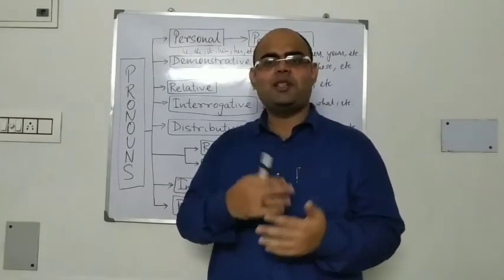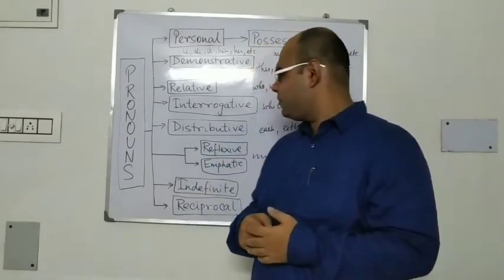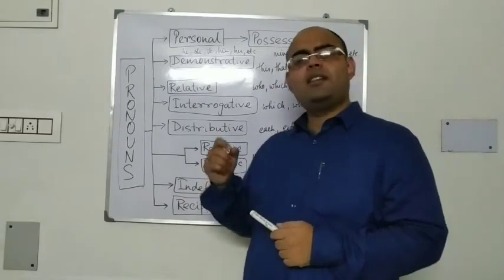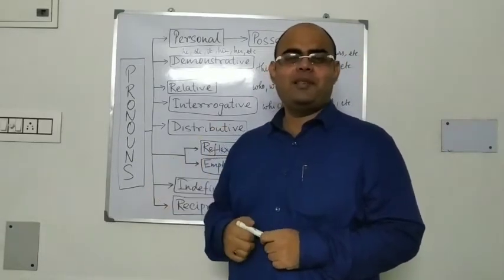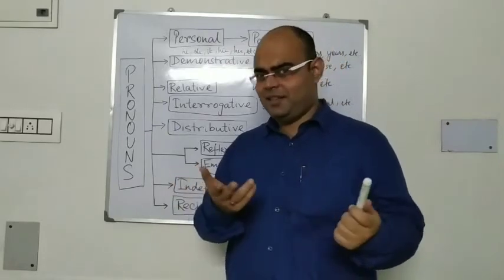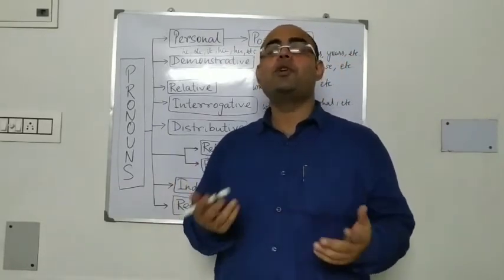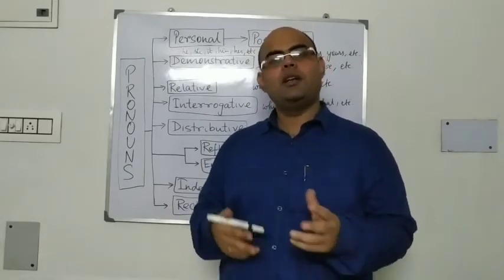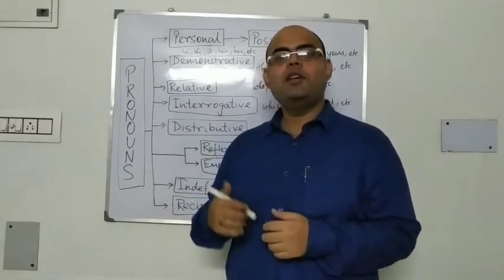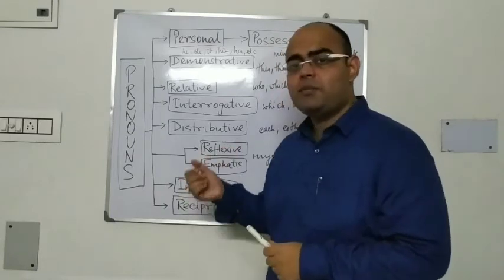That subject and object is getting reflexed. So a reflexive pronoun is something like this. Let me give you one example. He killed himself. So if I ask you the question, who killed? He killed. Whom did he kill? Himself. So the same person. So that is why this is called a reflexive pronoun.